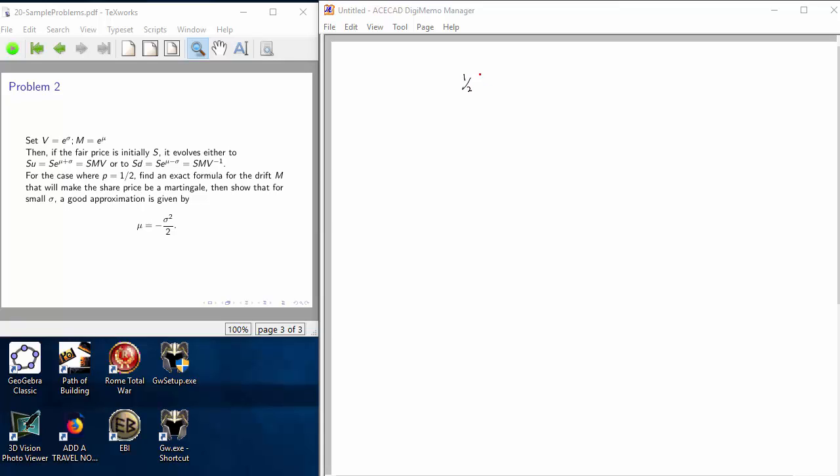For a martingale, a necessary condition is that 1/2 times the higher price plus 1/2 times the lower price, which is 1/2 times (S M V plus S M V inverse), had better be equal to S. Since S always drops out, M times (V plus V inverse) is equal to 2, and M is equal to 2 over (V plus V inverse).